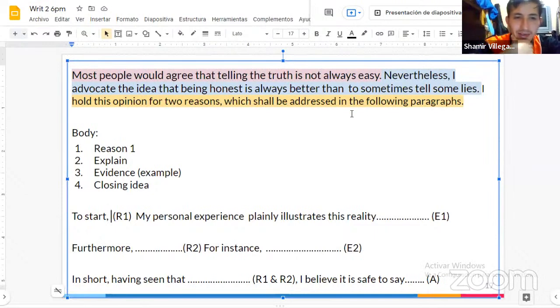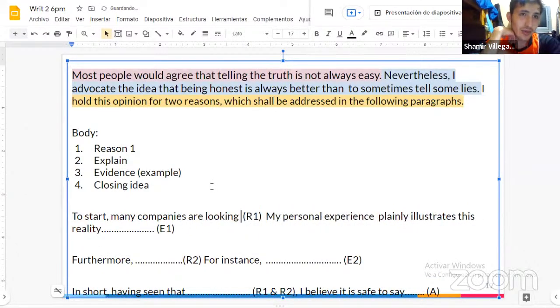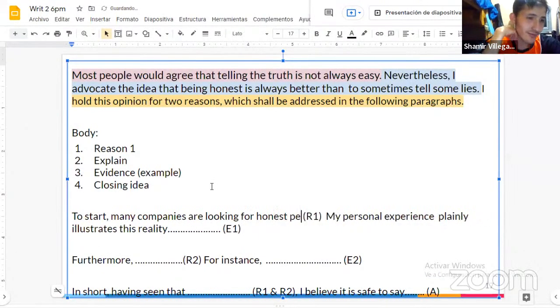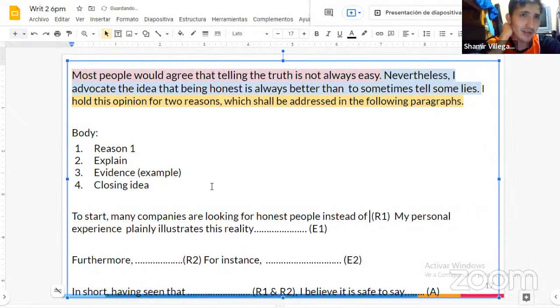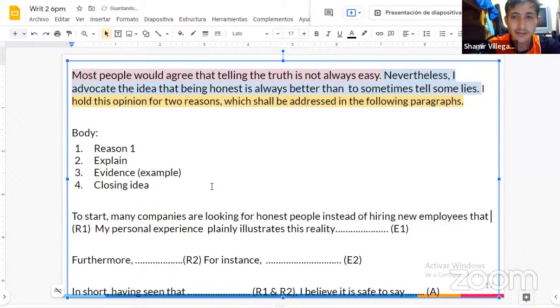I'm thinking how to say this. To start, many companies are looking for honest people instead of hiring new employees that used to lie.